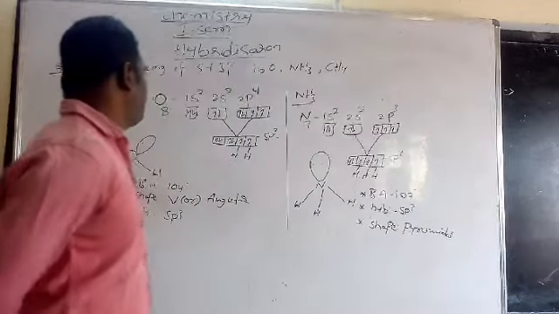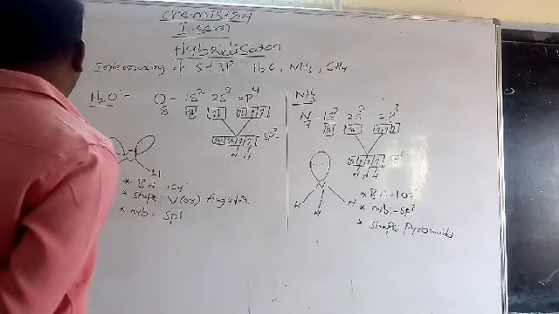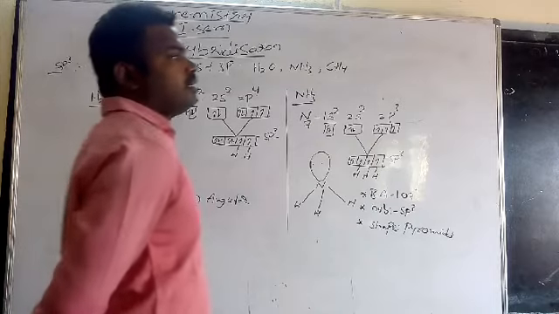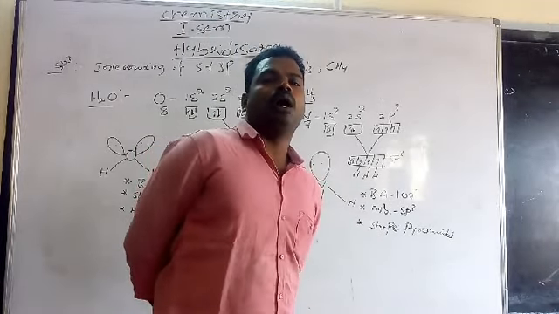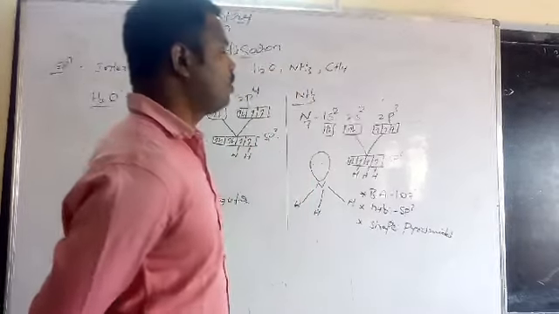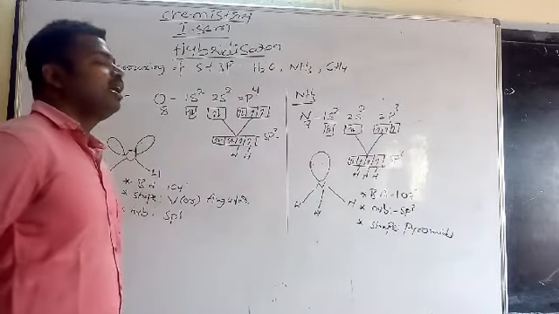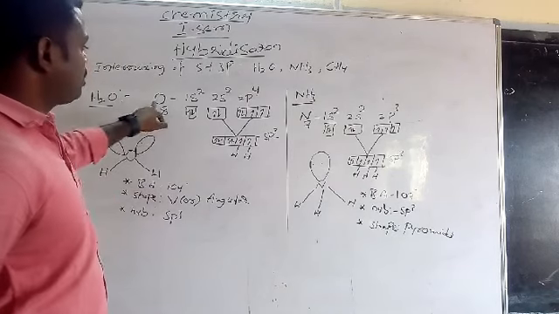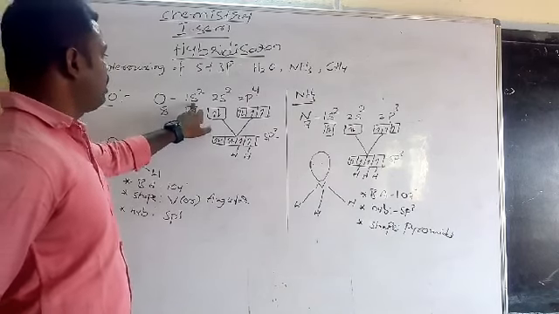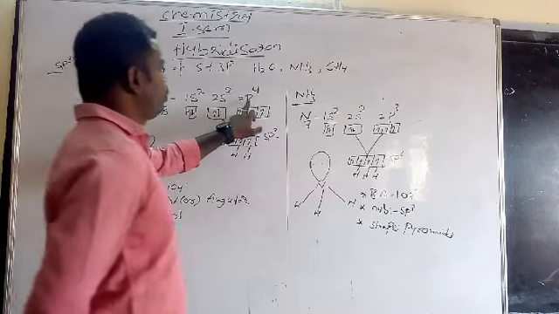We take the first example, H2O. In the H2O molecule, oxygen is the center atom. Center atom oxygen requires 2 unpaired electrons. Oxygen atomic number 8, electronic configuration 1s2, 2s2, 2p4.